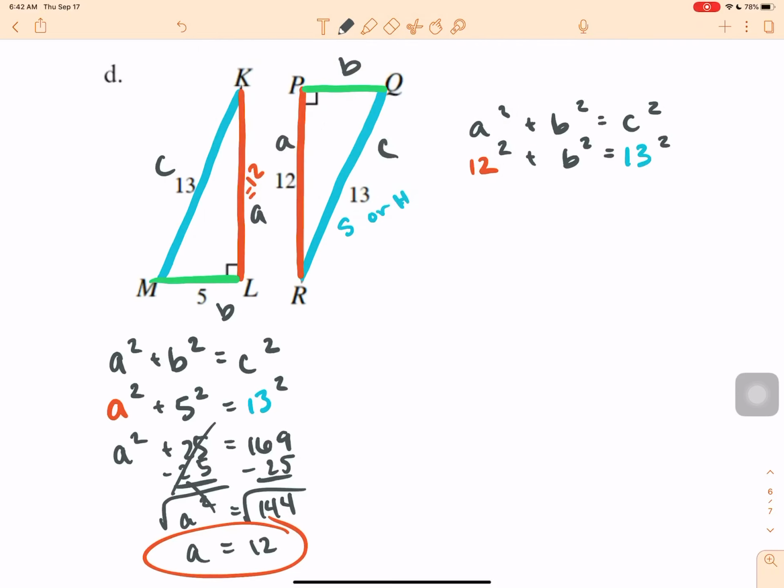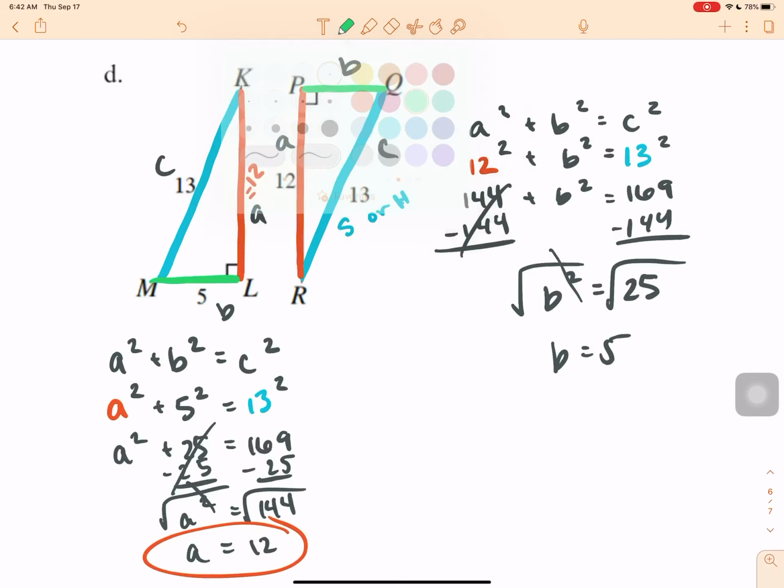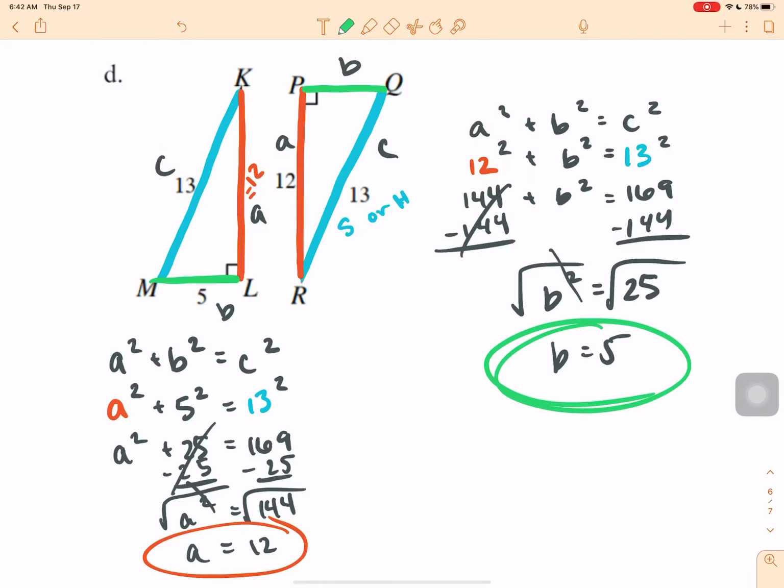Now we simplify. 12 squared is 144, plus b squared equals 169. If you subtract both sides by 144, we have b squared equals 25. Take the square root of both sides, b equals 5. So we know for a fact that since the other two sides were congruent, that third side is also congruent here because we have a right triangle. We know that they're all related.